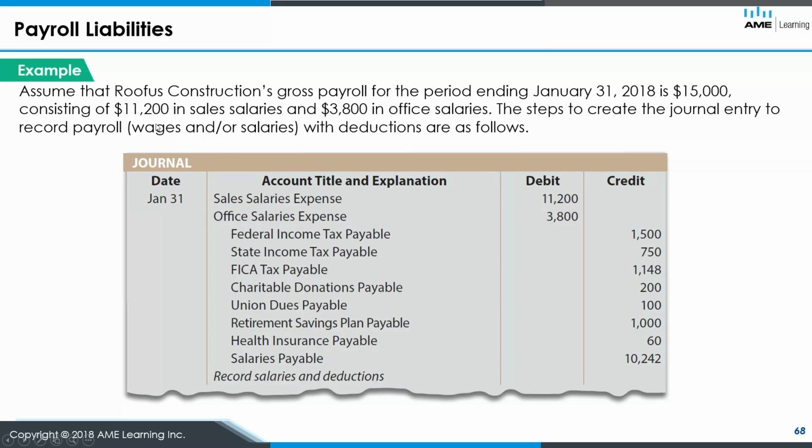Our sales salaries expense is $11,200 and office salaries is $3,800. Combining those together gets us to $15,000, and again, that's the gross amount. The net actual amount that the employees will receive in their paychecks is this salaries payable portion. So this is the full amount that they are basically paid, or at least that they've earned, or the expense we've incurred.